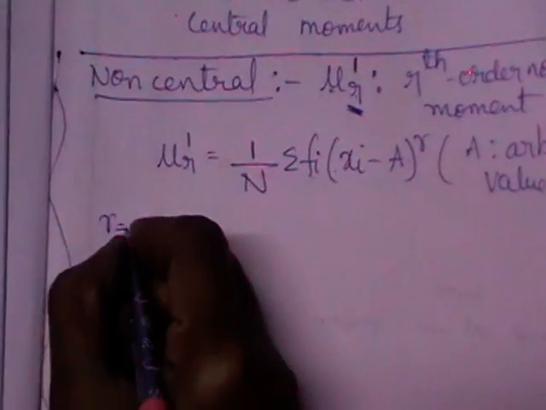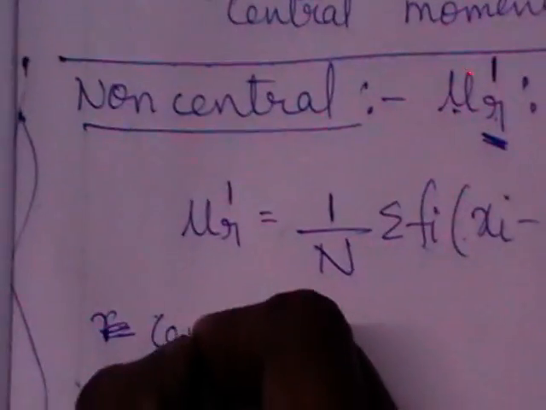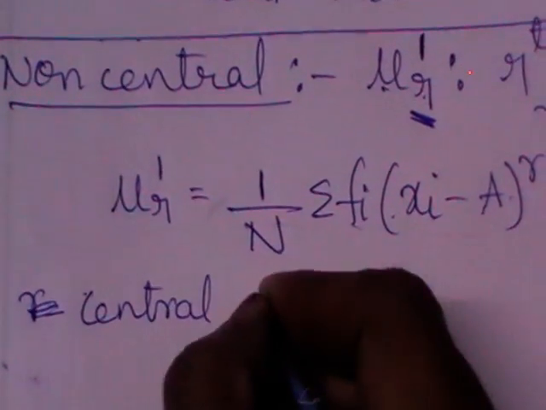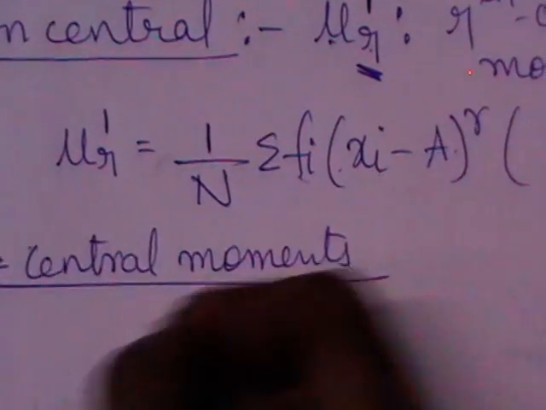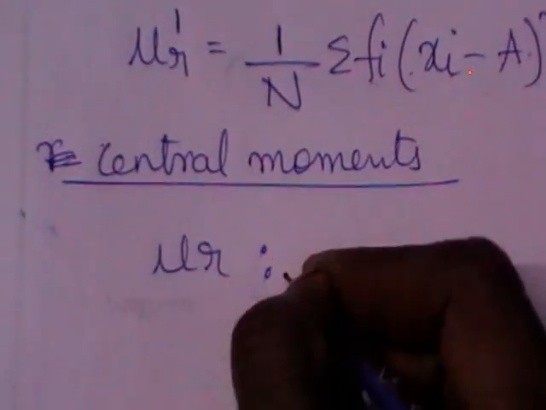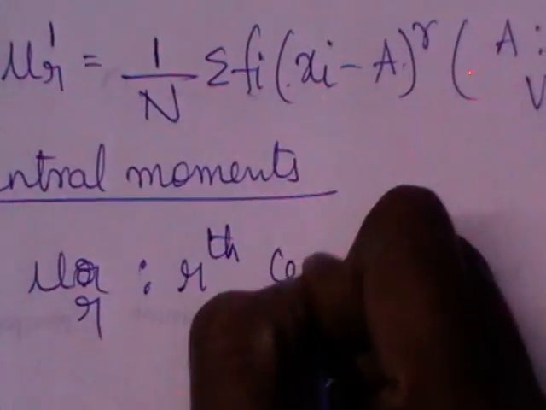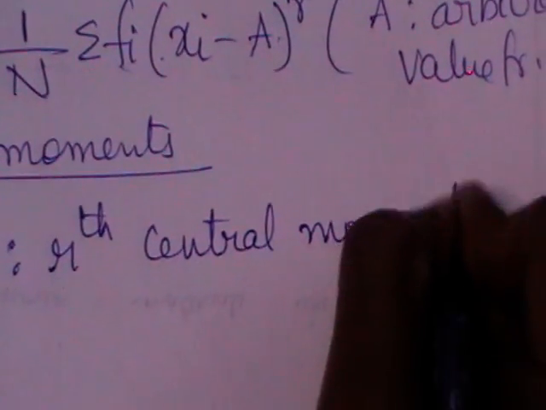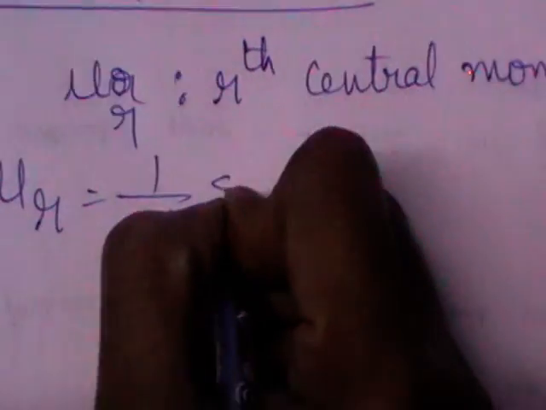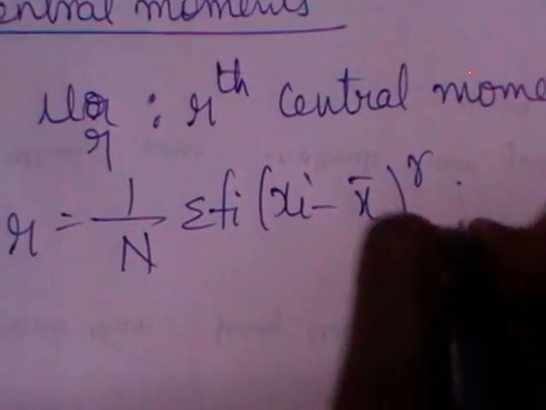So this is about the non-central moment. Just let us define, then we can go for properties. Central moments we indicate with mu r, where r is always written as a suffix. Mu r stands for the rth central moment, which we define as 1 by n sigma f_i into (x_i minus x bar) whole power r.